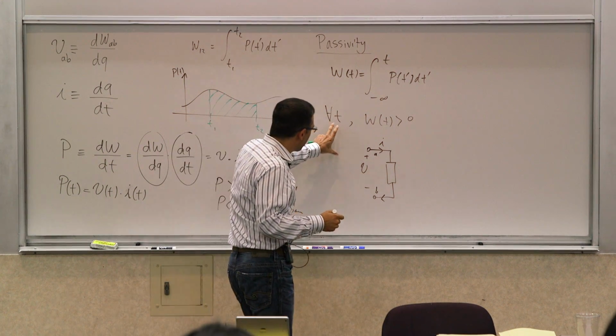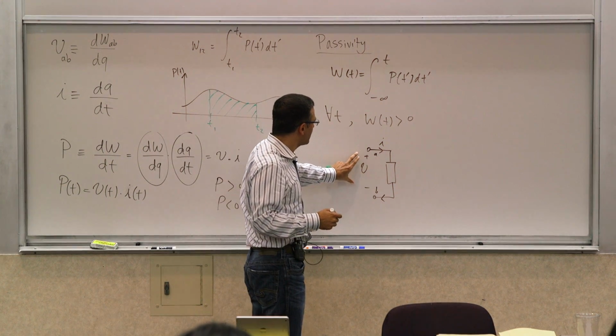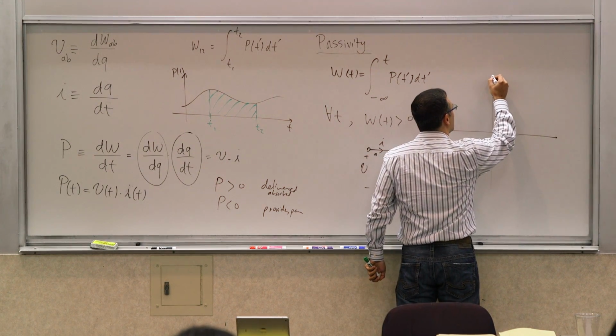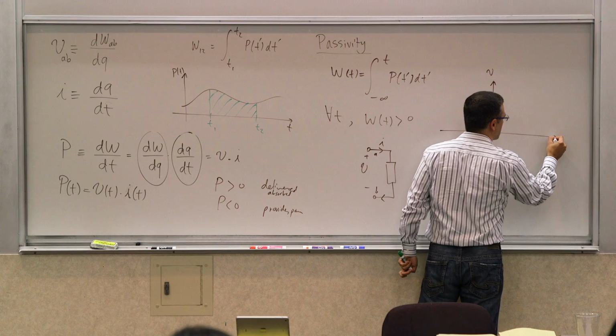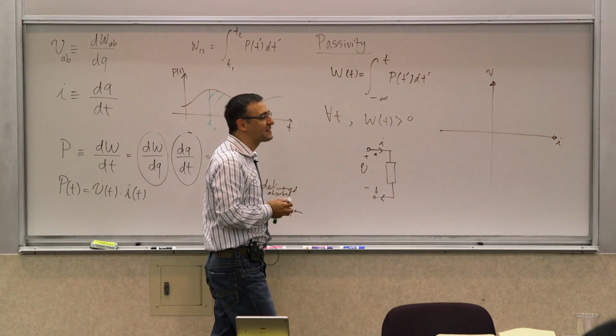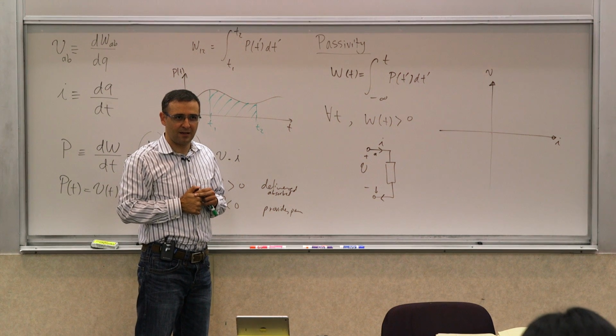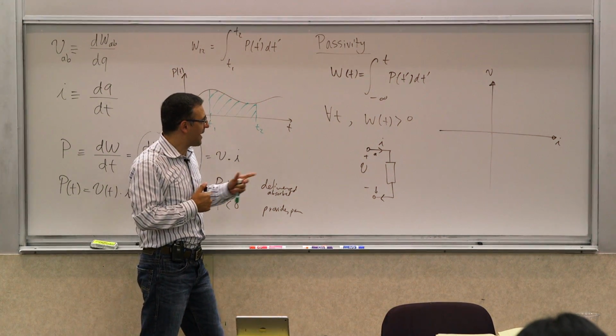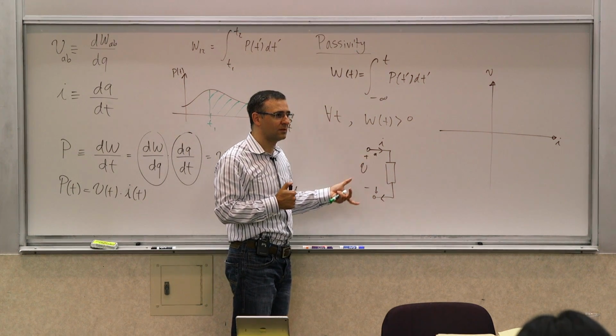Anyway, going back to the discussion, if you have a two-terminal element, you can look at this V and I. You can plot V versus I or I versus V; here we are doing I versus V. Now, if something is passive, what does it mean about this current and voltage?